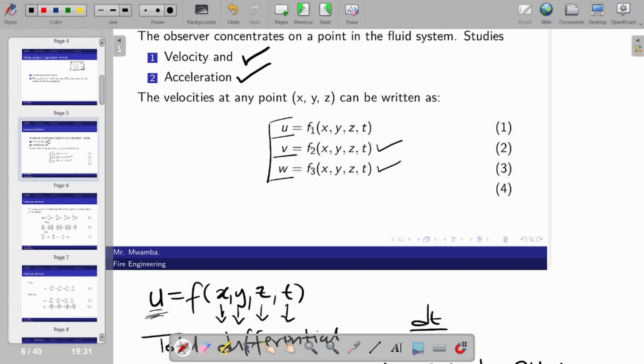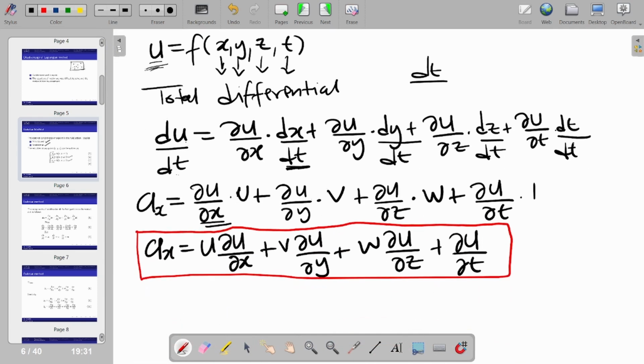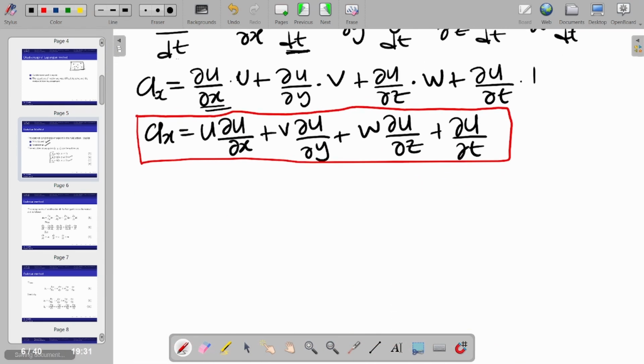So this is your homework now. Go and solve it the way I'm solving it here. Similarly, we can find the acceleration component along the y-axis.